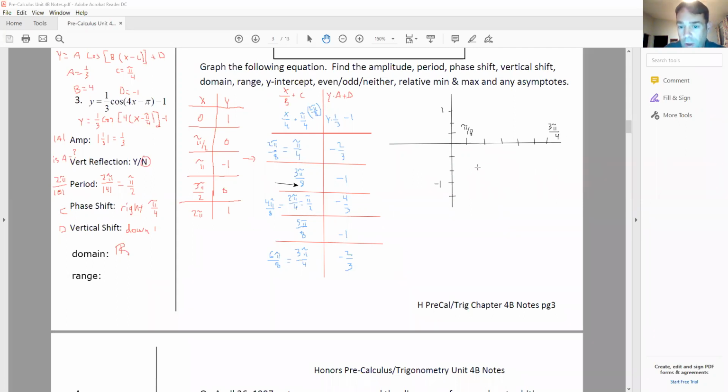All right, so I got 2 pi over 8 and -2/3 that we already got here. And then I have 3 pi over 8 and -1. 4 pi over 8 and -4/3. It goes here, and then it comes up here.